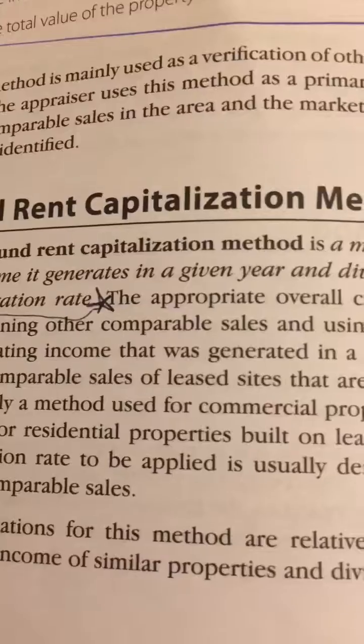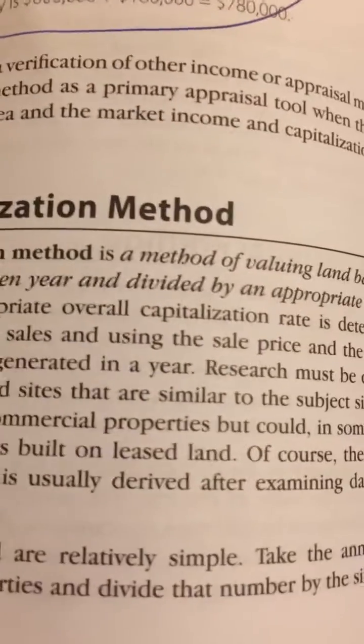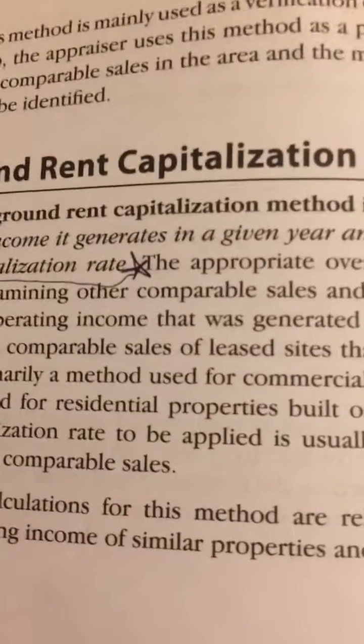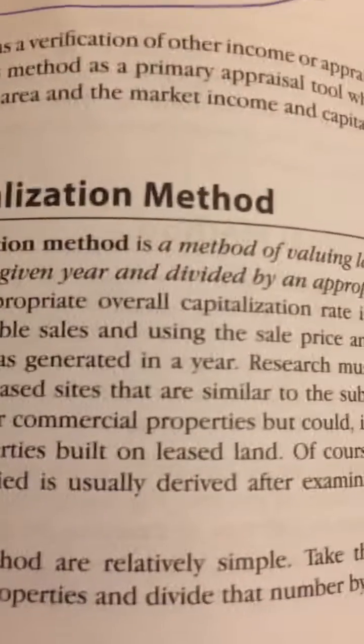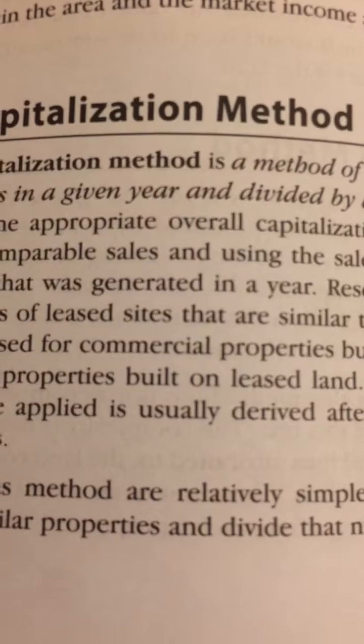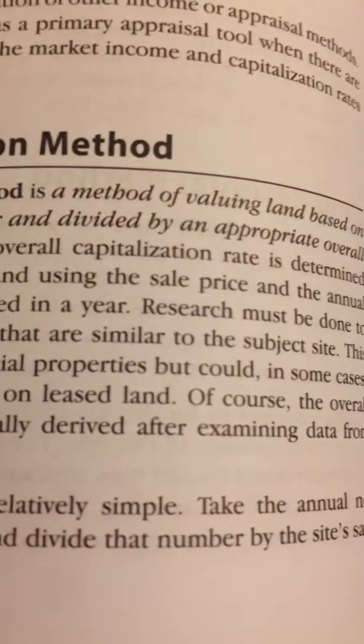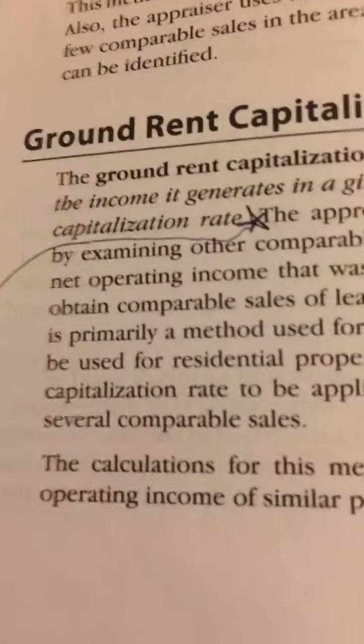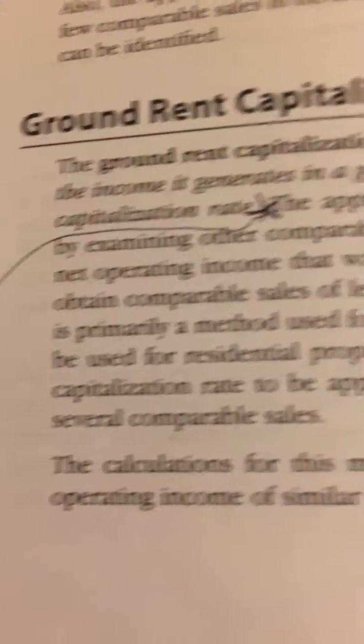This is primarily a method used for commercial properties, but could, in some cases, be used for residential properties built on leased land. Of course, the overall capitalization rate is usually derived after examining data from several comparable sales.